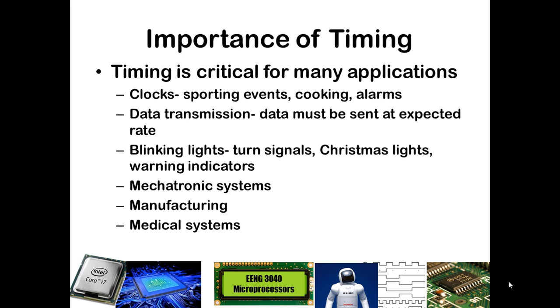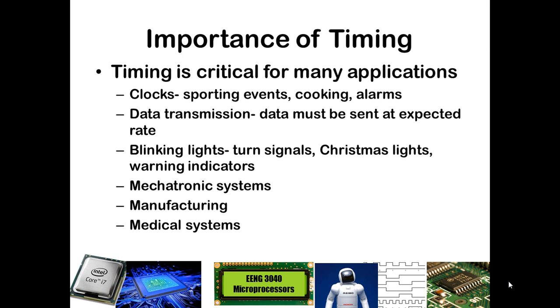Manufacturing especially has very critical timing. When you're thinking about automated manufacturing or even manufacturing where there are people, you want to make sure that the belt moves at the right rate of speed so that parts get to where they need to be, and all of the tooling is done at the right amount of time, and that you move particular parts to the right location at the right time.